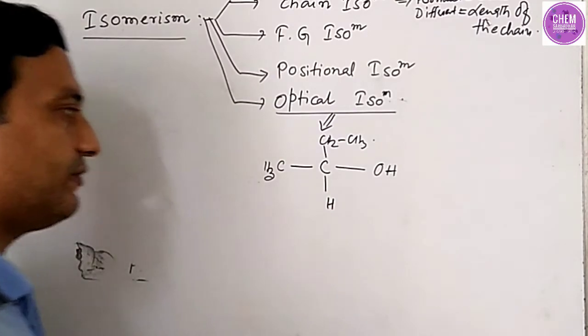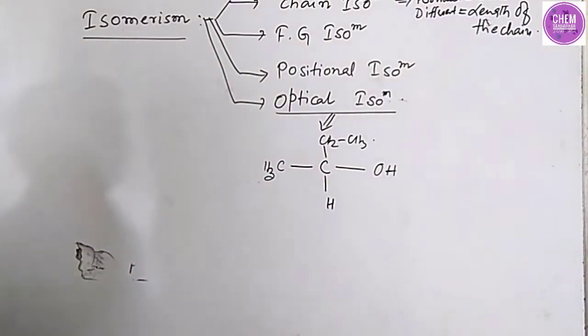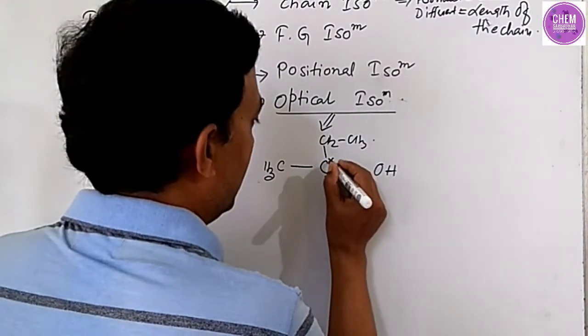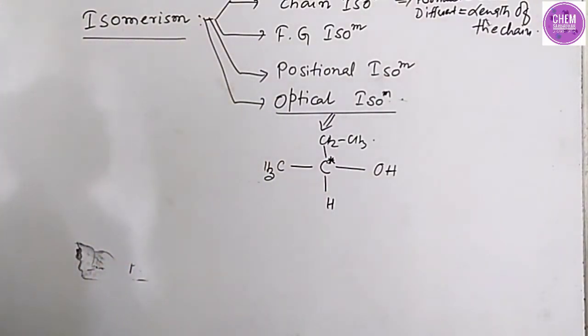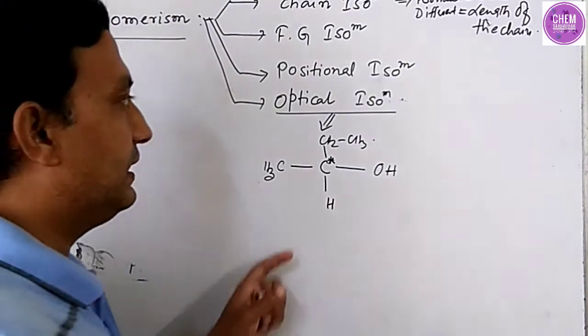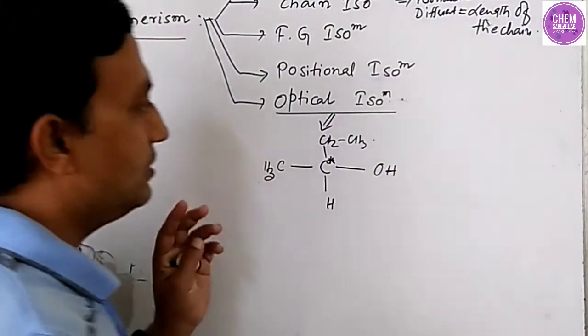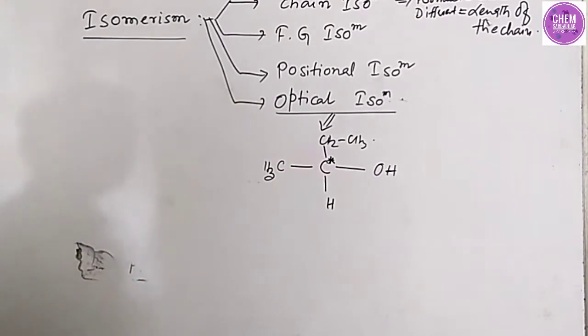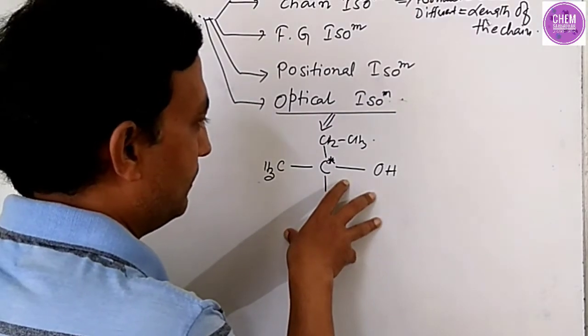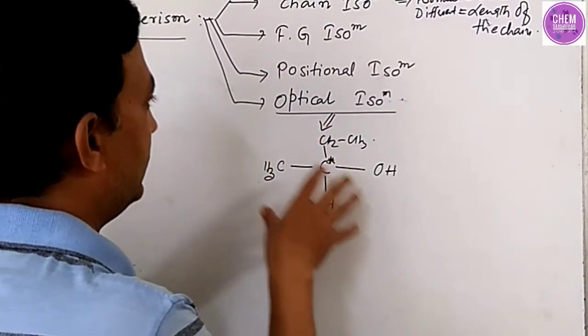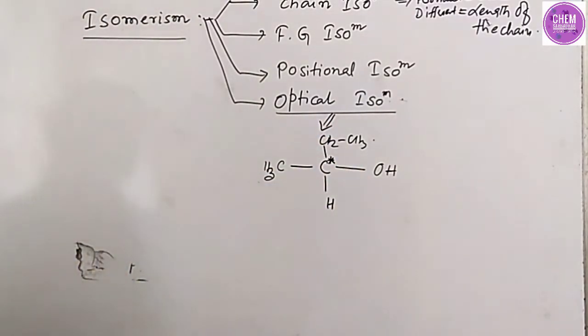So 4 different groups are present in that compound. So the middle carbon becomes the chiral carbon or optically active carbon. So optical isomerism can be exhibited by such alcoholic compounds in which there is a chiral carbon atom. So this is optically active alcohol.